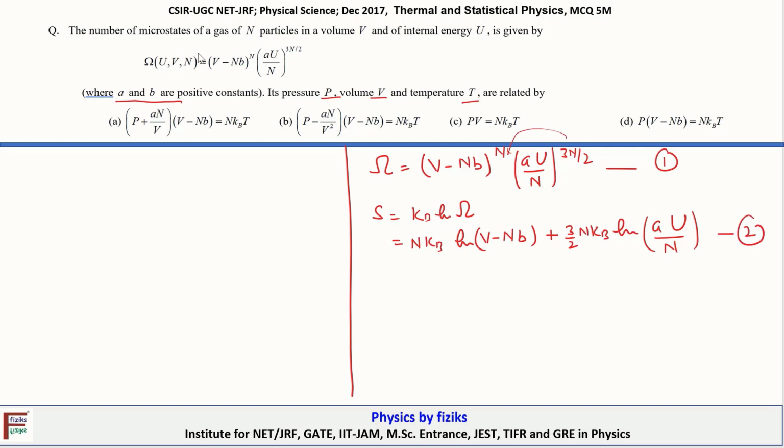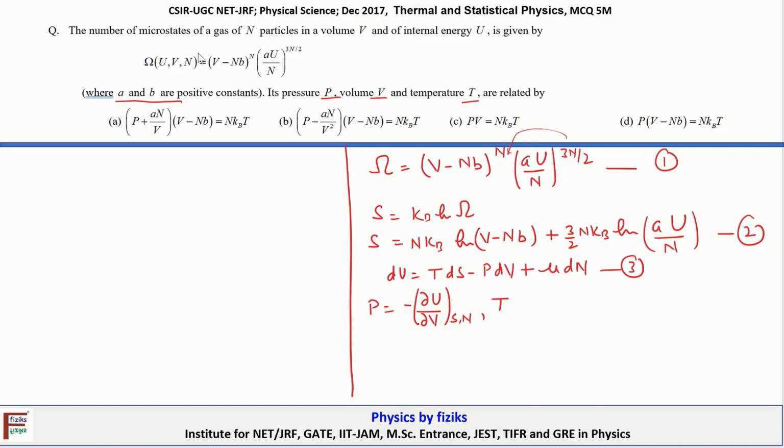Now we will make use of the first law of thermodynamics, which is dU equal to T dS minus P dV plus mu dN. Let's call this equation 3. From this equation we can write P equal to minus dU by dV, keeping S and N constant.